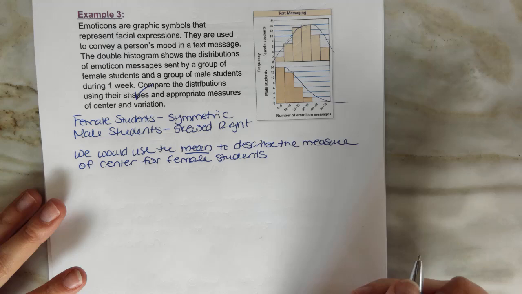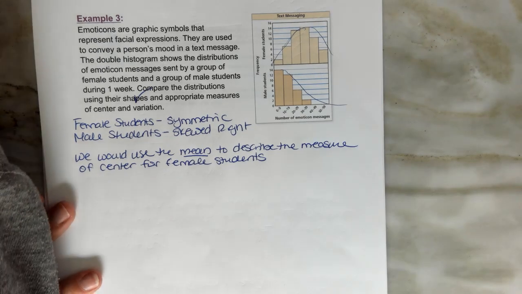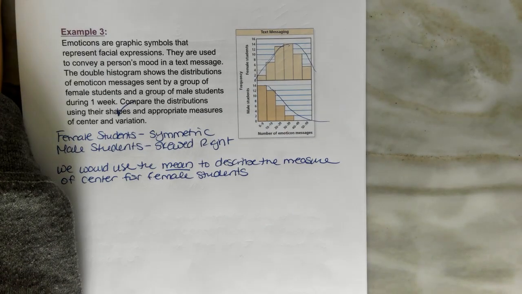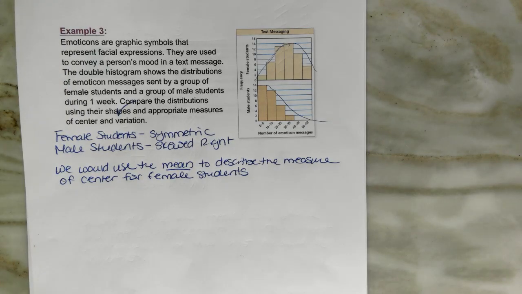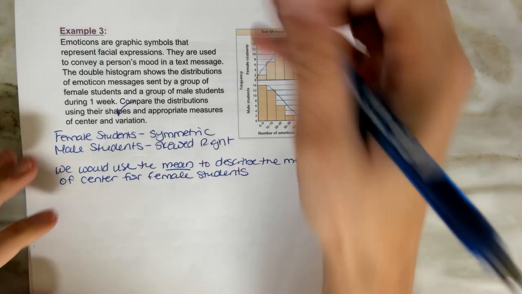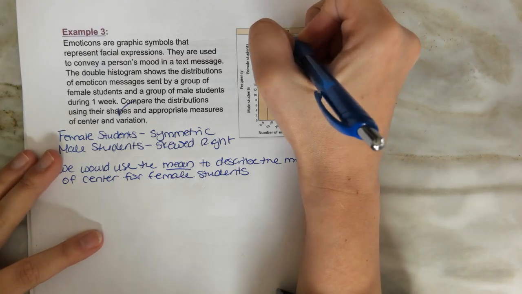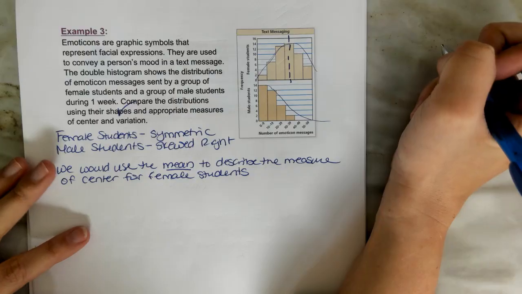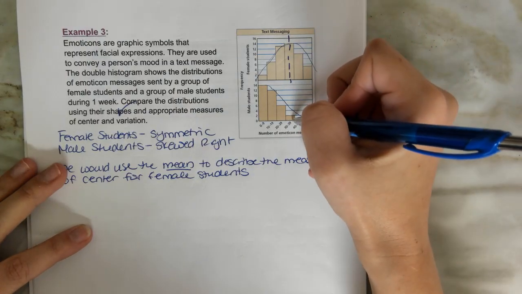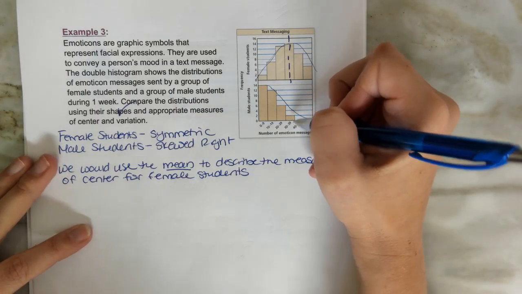So where would the mean take place? Your mean is going to be pretty much like right in the middle of your data. That's why it's used for the measure of center. So that's probably going to be somewhere here. So that's going to be somewhere in the 30 to 39 range.